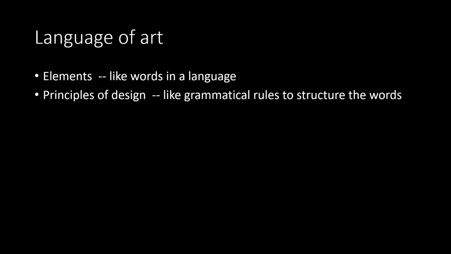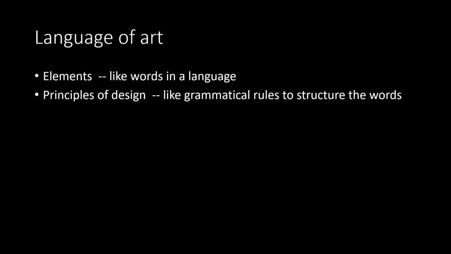So in part one, we talked about a nonverbal language. Well, verbal languages have words and they have grammatical order and structure. When we study the visual arts, elements, those are like the words in language.